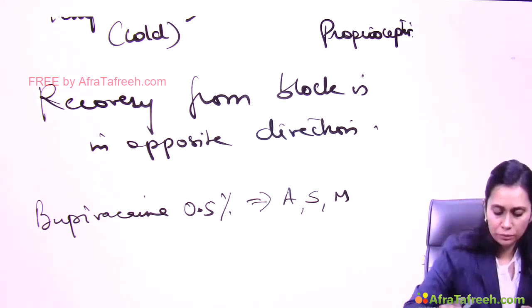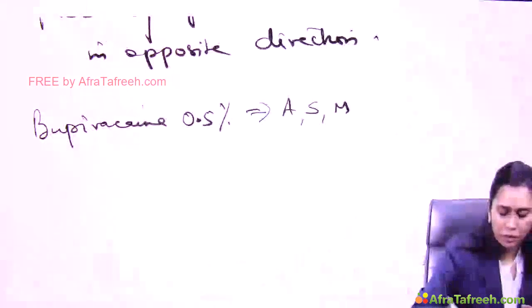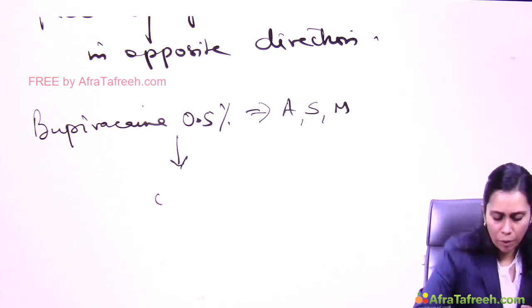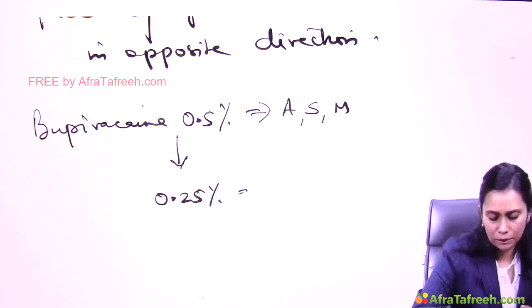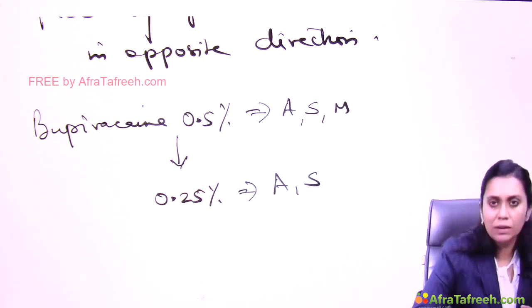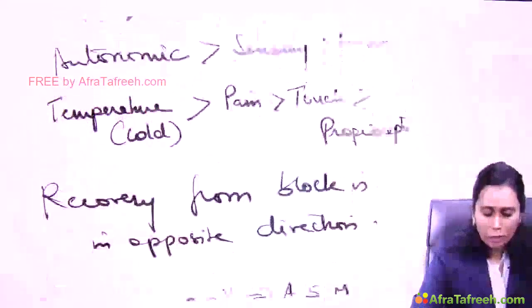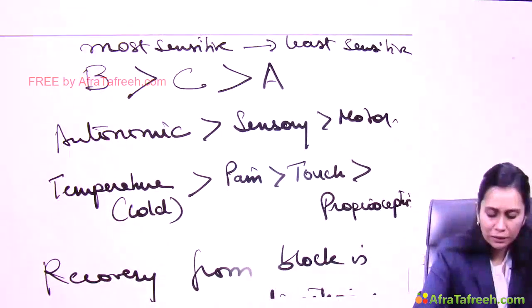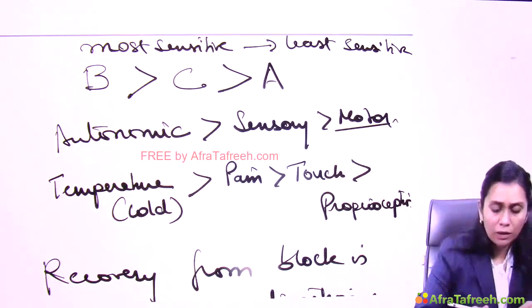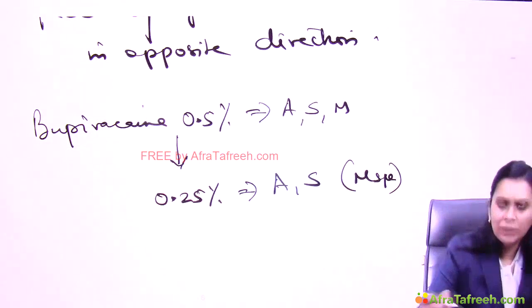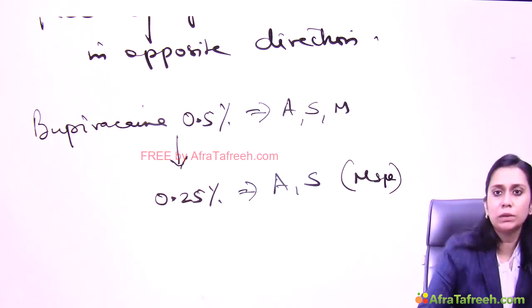But if I reduce the concentration of bupivacaine from 0.5 to 0.25%, then autonomic and sensory fibers are blocked and motor is spared. What have we written? Motor fibers are least sensitive. They need a higher concentration. By decreasing the concentration, I can spare the motor fibers and produce something called differential block.